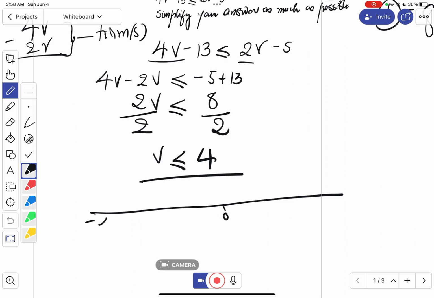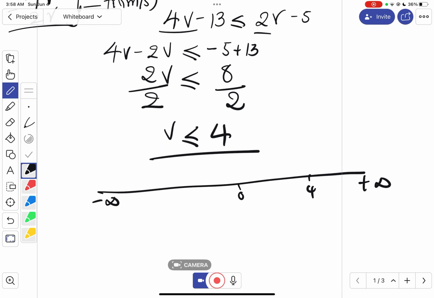You go from negative infinity to the left, positive infinity to the right, and the number 4, which is positive. So 4 is included in the solution, and the way you know is by looking at the sign, which is less than or equal to. When they say equal to, 4 is included, so you're going to use brackets.